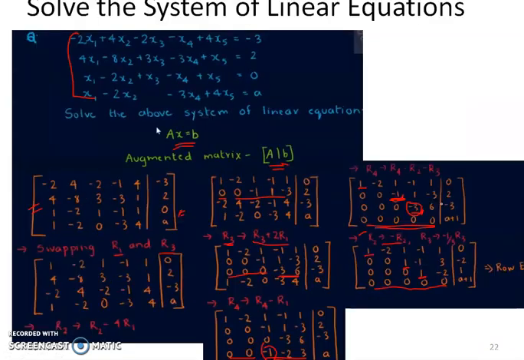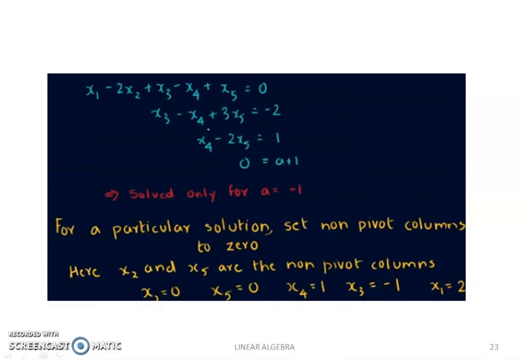Then you rewrite the obtained matrix as equations. In the last equation, 0 is equal to A plus 1, so you get the solution A equal to minus 1.